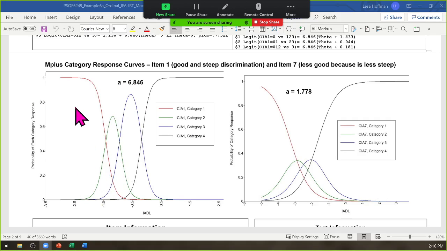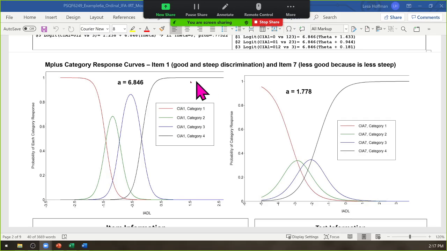The lowest option is the most probable up until you hit a theta of about -1.5, at which point the second option becomes most likely until, let's say -1 or so, and then the third option, and then the fourth.